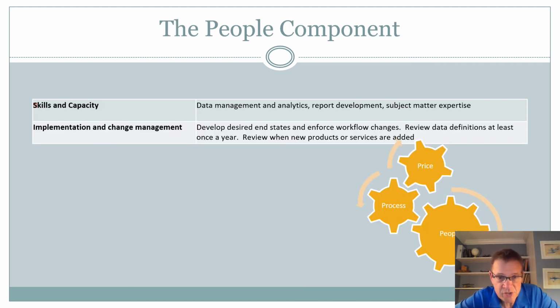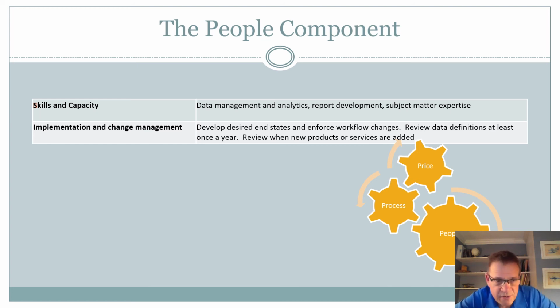So the people component, the skills and capacity. Do you have the skills in data management and analytics? Do you have report development skills? Do you have subject matter expertise in the areas that you're trying to address? Do you have statistical background if you're doing any kind of predictive or prescriptive analytics, in terms of any kind of risk scoring?